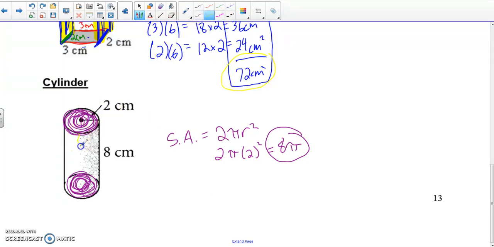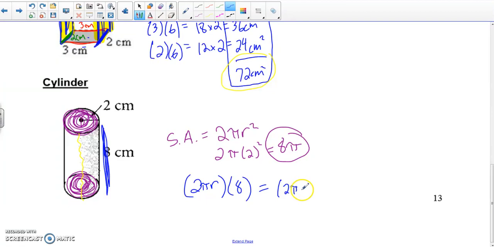Now we're going to think about cutting this lateral area and unrolling it. So the lateral area is the circumference of the circle, 2 pi r, times the height of the cylinder, which is 8. So plugging in what we know, we have 2 pi.